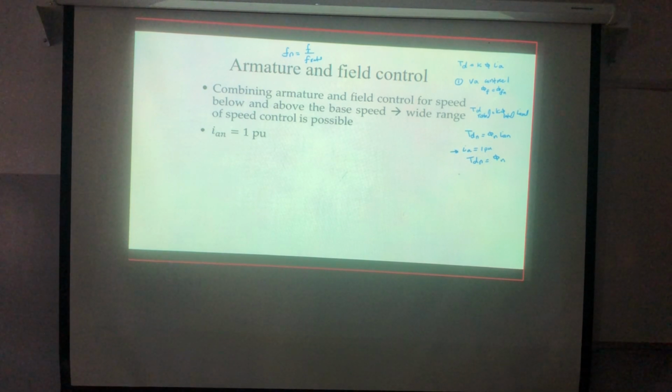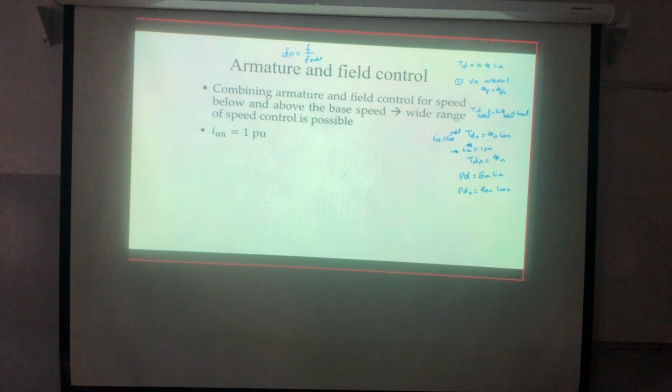Now let's see, the power developed equals EA IA. The same thing, the power developed normalized will equal EA normalized multiplied by IA normalized. And if I'm assuming IA equals IA rated, then IA normalized equals 1 per unit.